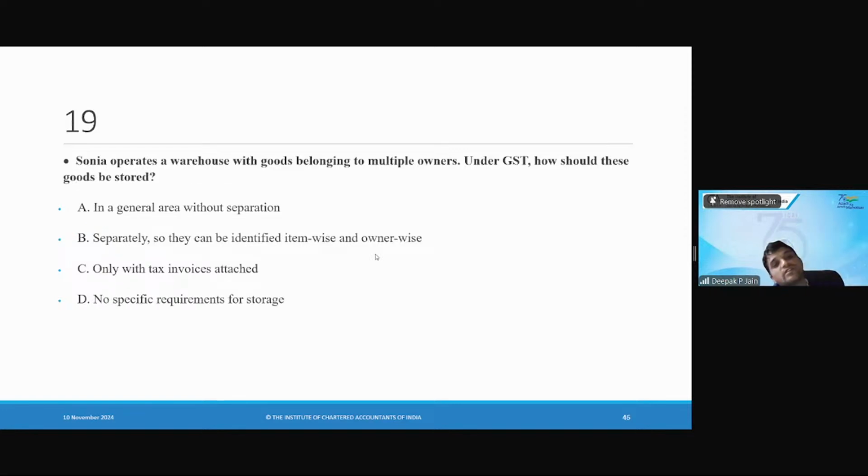Sonia operates a warehouse with goods belonging to multiple owners. How should these goods be stored? Very easy.